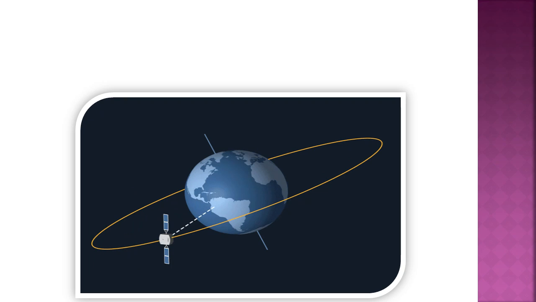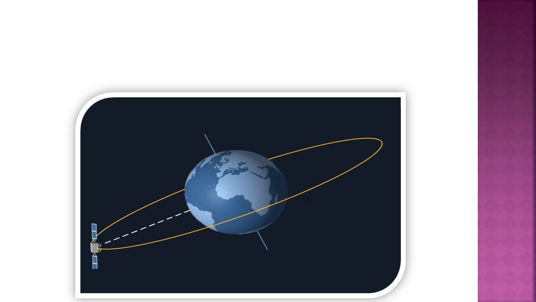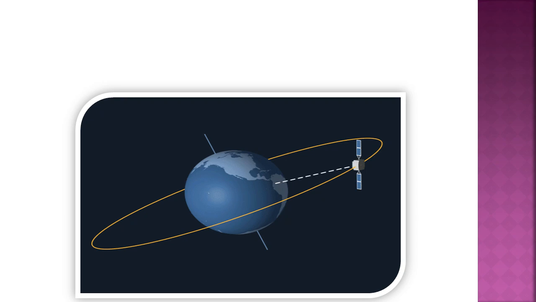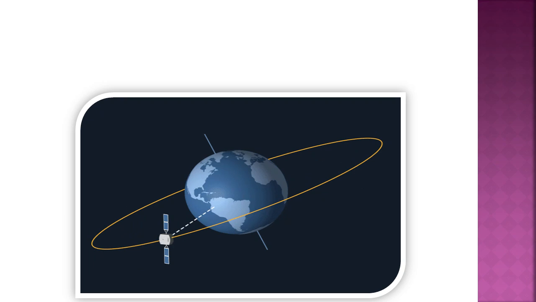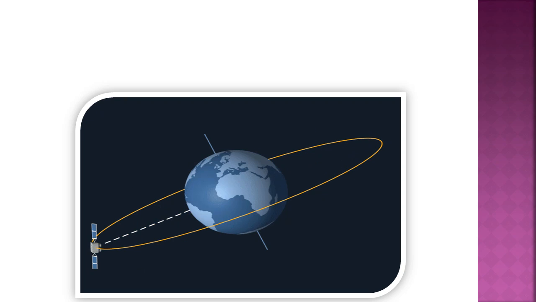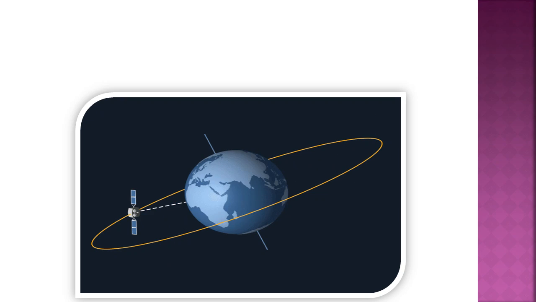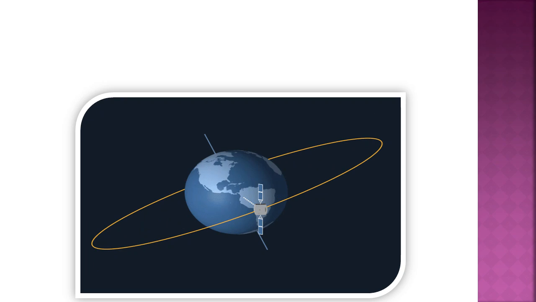Student, you should know that gravitational force is the force of the earth, which means the earth has a tendency to attract every other object towards itself. Due to this force, an artificial satellite or a natural satellite like the moon is revolving around the earth in a circular orbit.